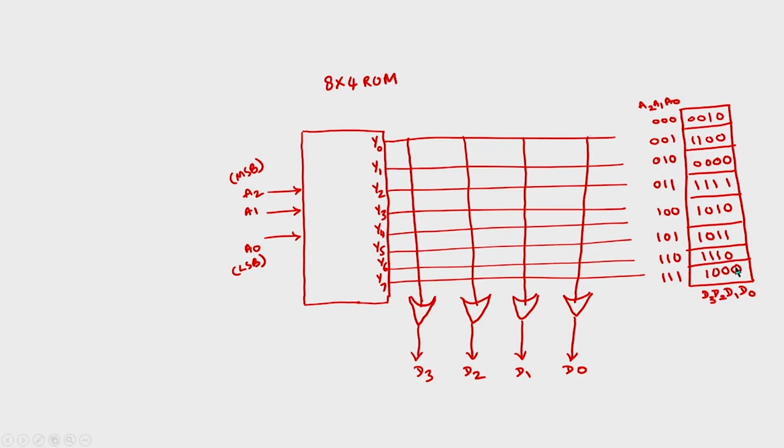Suppose you want to store this data in the corresponding locations. Okay. So, in 0, 0, 0 I want to store 0, 0, 1, 0. So, D3 should be 0, D2 should be 0, D1 should be 1, D0 should be 0.